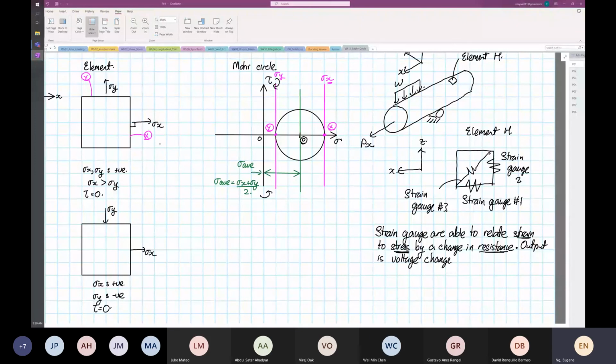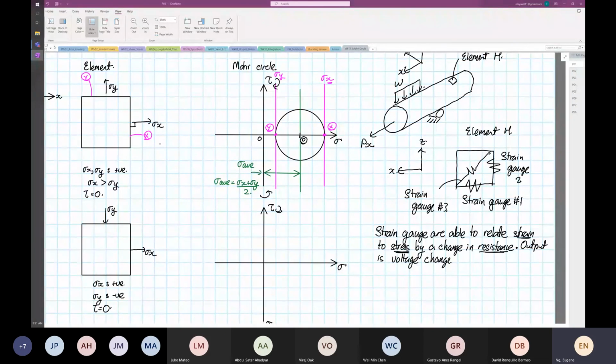We're going to again sketch out the Mohr circle. We draw our axes: this is our normal stress, then we have our shearing stress. I want you to have the habit of drawing the shearing stress clockwise over here and anti-clockwise down here.